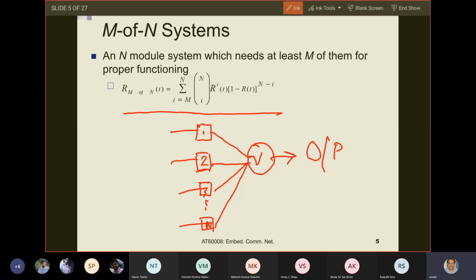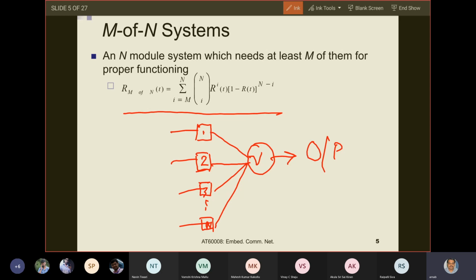The system works correctly if two of the components are faulty and n minus 2 are working correctly. Going like this, the system works correctly if at most n minus m of the components are not working correctly, but the remaining m are working correctly.